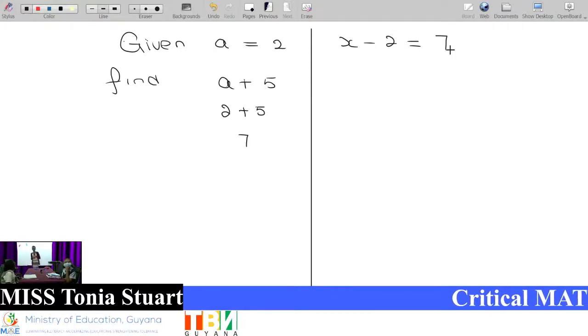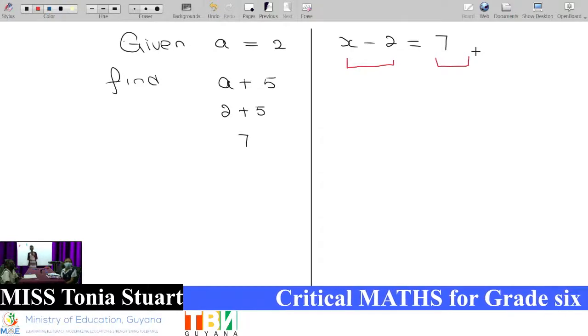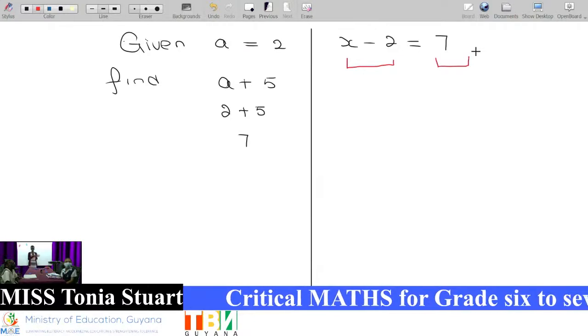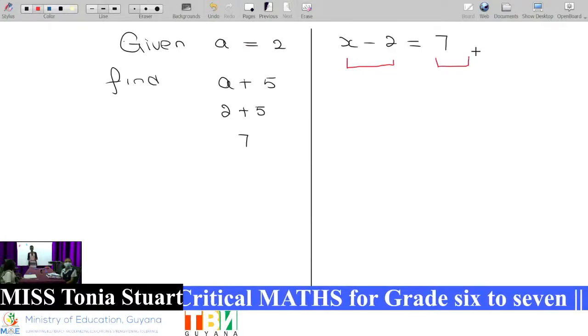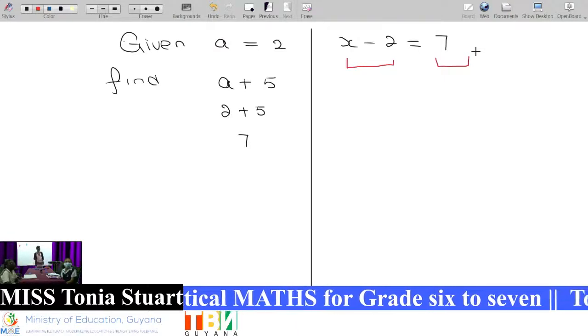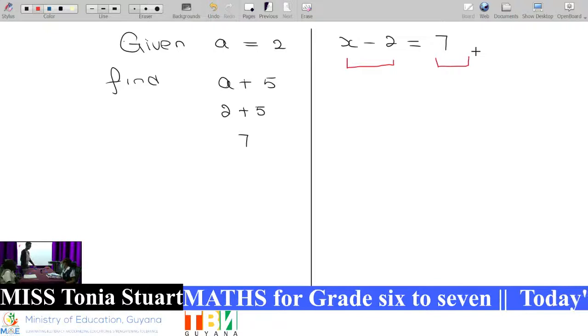The left side equals the right side. So we're trying to find what value x must take so that the right side equals the left side. That is what you're doing when you're solving an equation. All right, so to bring out that concept, we're going to use our tiles.